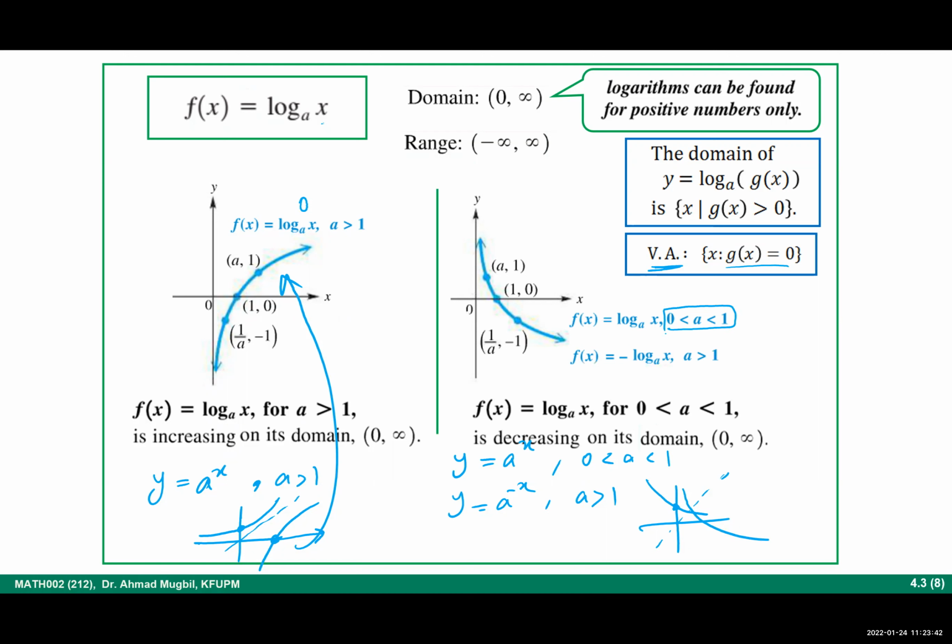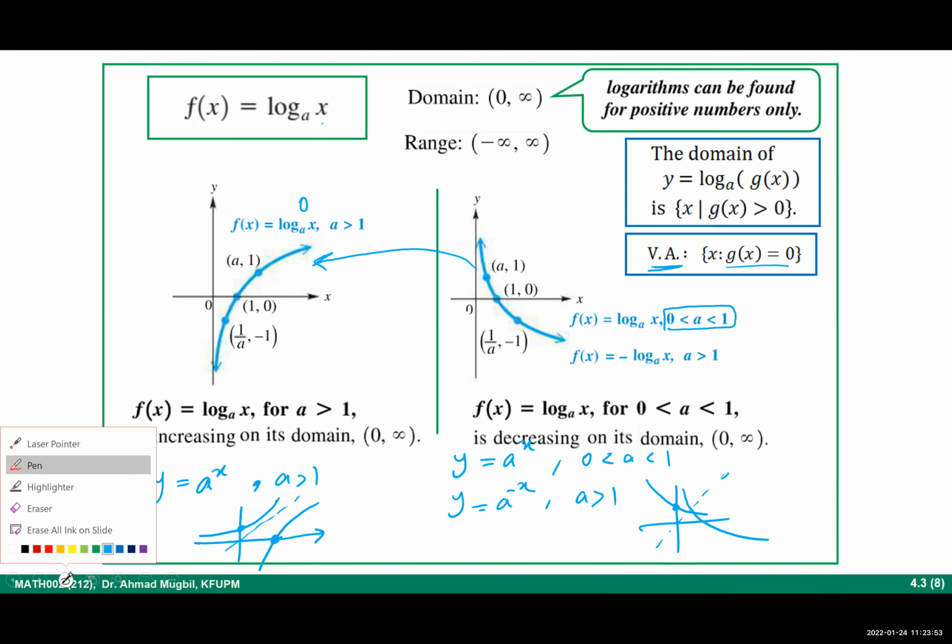Between 0 and 1. By the way, if you notice how this is obtained, it can be obtained from this one. How? Reflecting about the x-axis. Look at this one, reflected now here. What is below will be above, what is above will be below the x-axis. You will get this one.